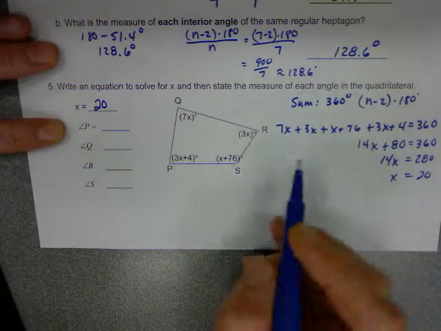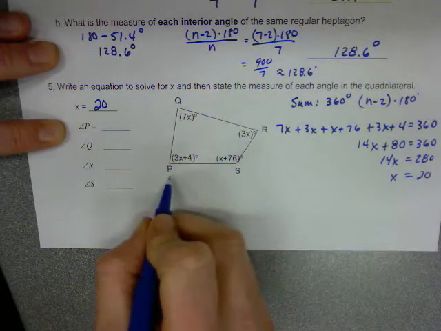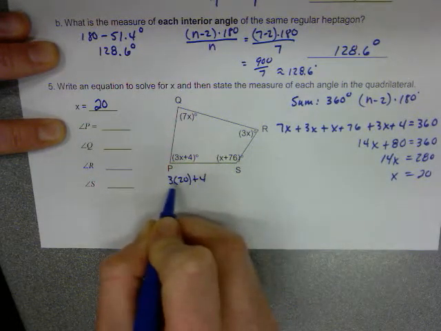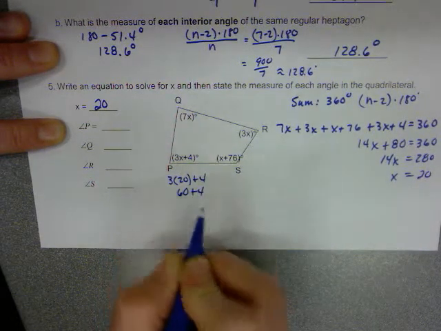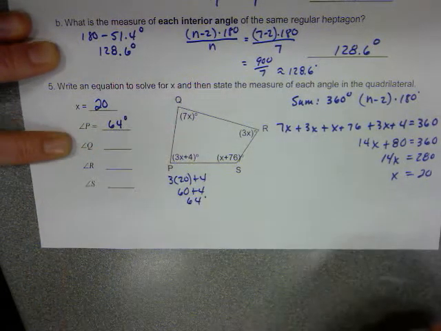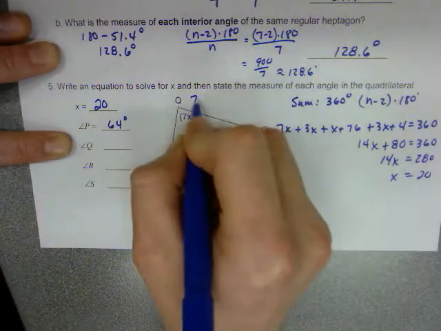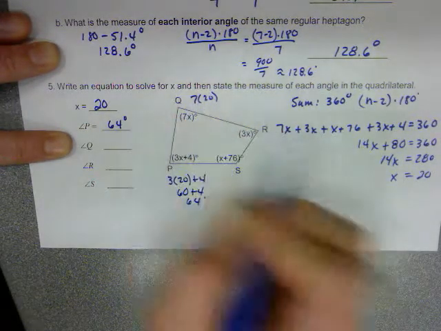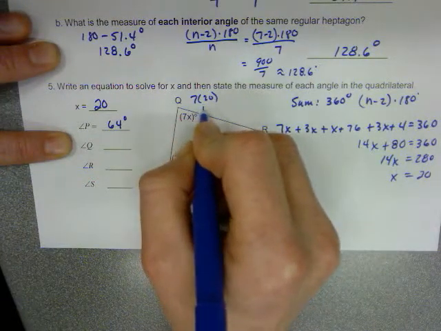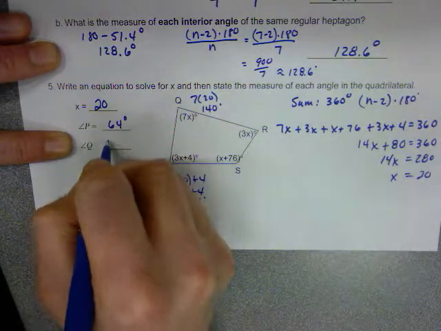So angle P is 3 times 20 plus 4, so that's 60 plus 4, so that's 64 degrees. And Q is 7 times 20. 7 times 2 is 14, so this will be 140.